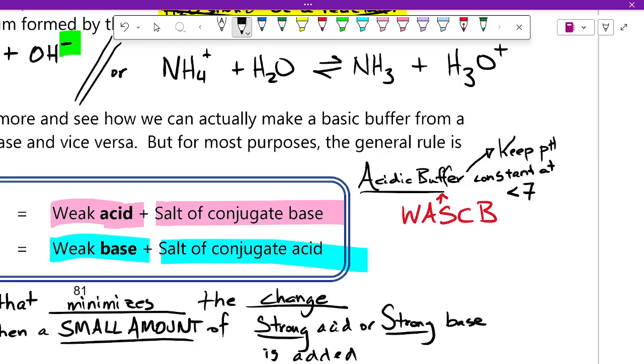And if we want to make a basic buffer, first of all, what's it going to do? It's going to keep pH constant at greater than 7.